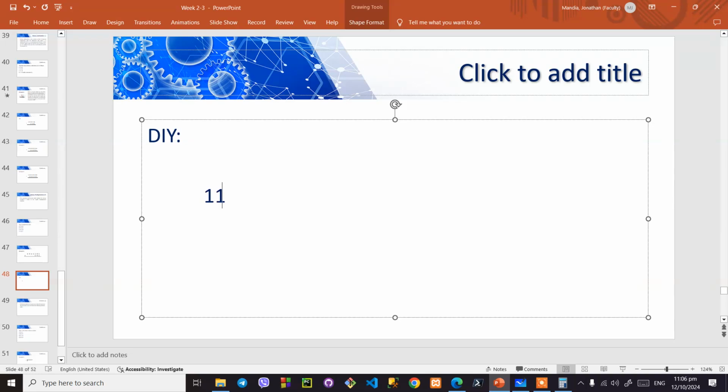So 1 1 1 1 1 0 0 0 1 1 1. Okay? Multiplied by 1 1 1. Okay? Multiplication is what we use in our process.